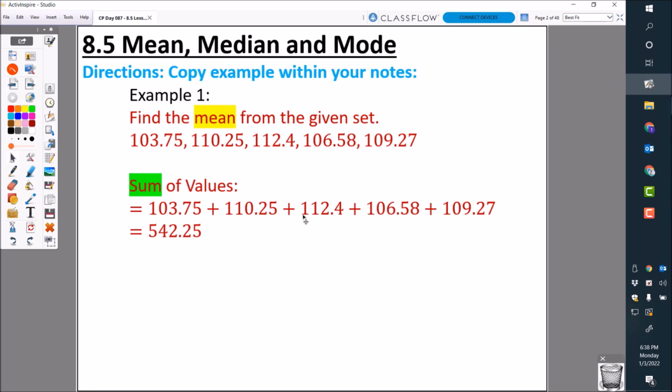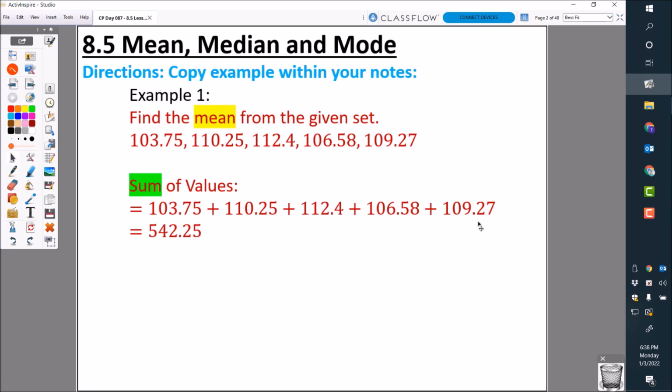So you can rewrite this as 112.40 instead of 112.4 in terms of adding and subtracting. Like I said, you do have to line up the decimal numbers carefully in order to add or subtract. But in this case, we're going to be adding them. Now, I do want to take note that you always want to be careful when you're doing it by hand, or if you do have an option, use a calculator.